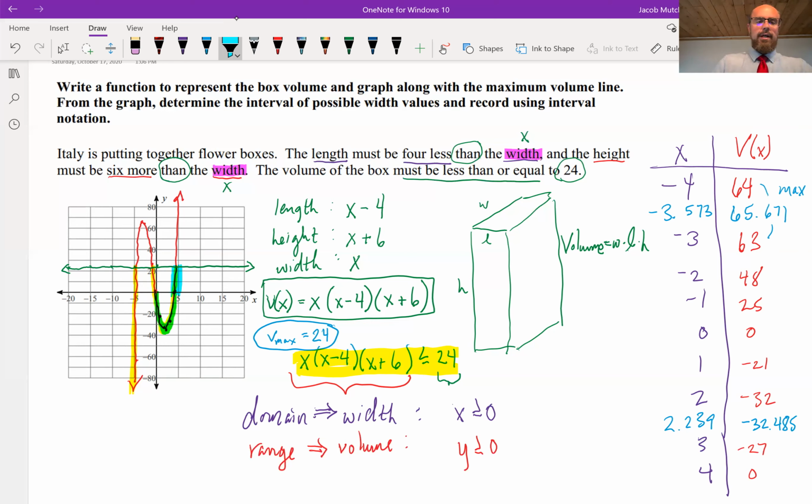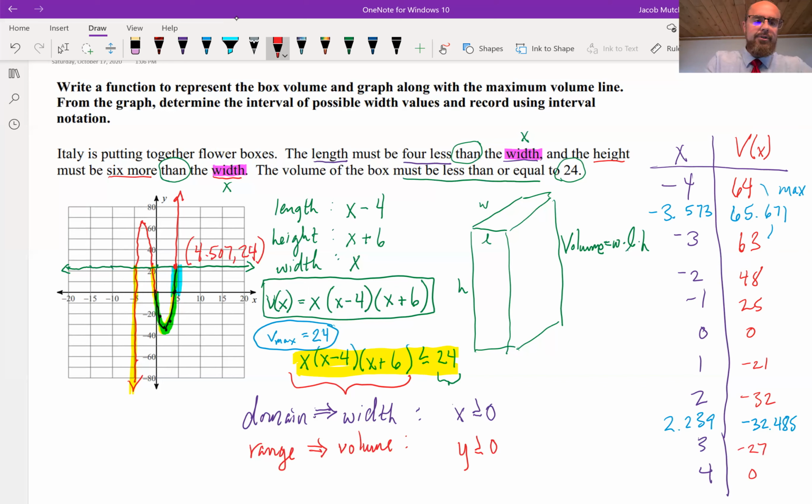So all I need to do now is decide, okay, over what x values is this one piece that we highlighted in blue, where does it exist? So that helps probably to bring back that intersection we had found on Desmos. So that intersection on the right is the point 4.507, comma 24.